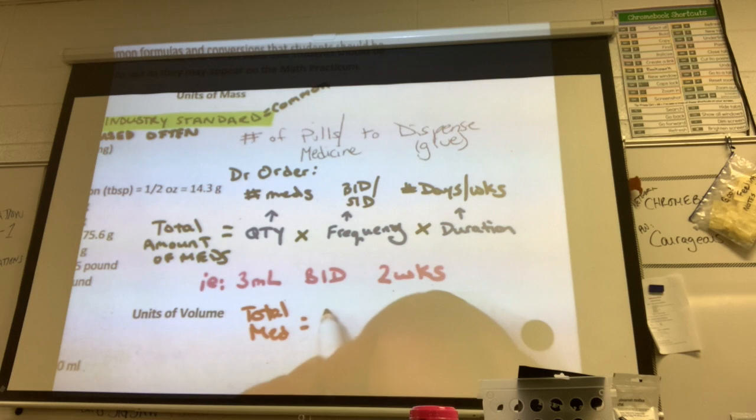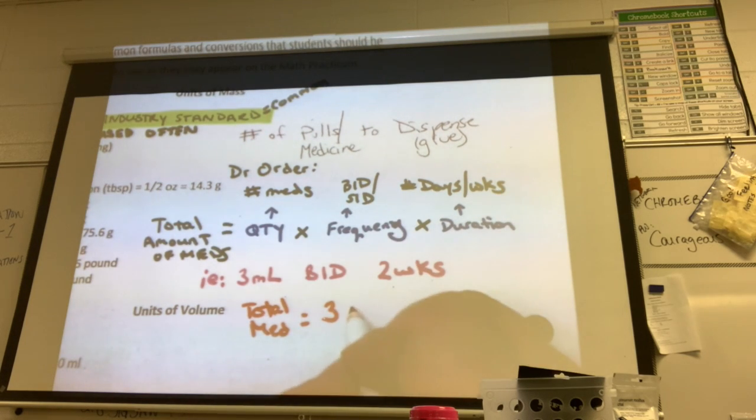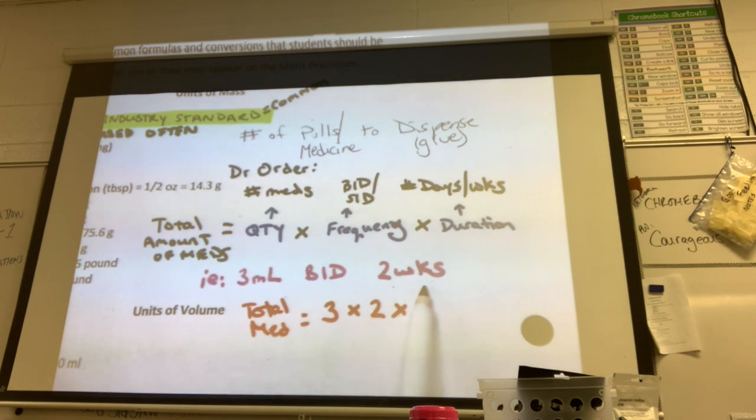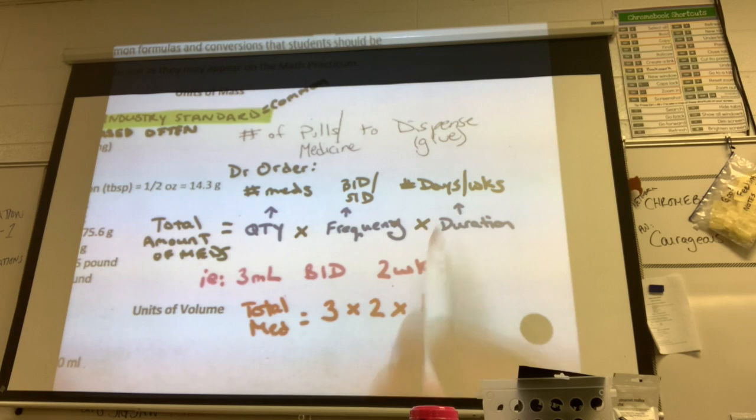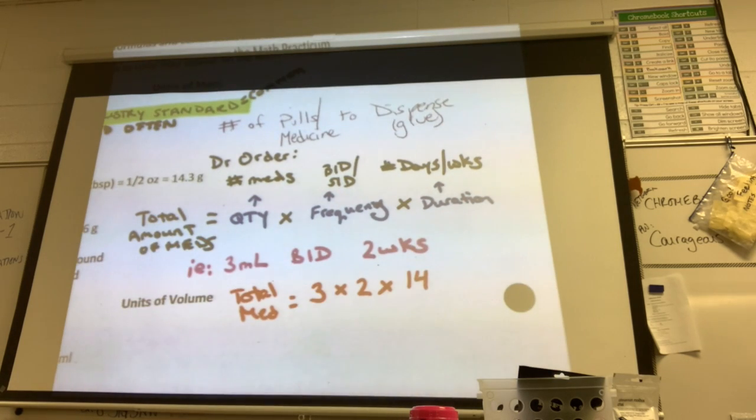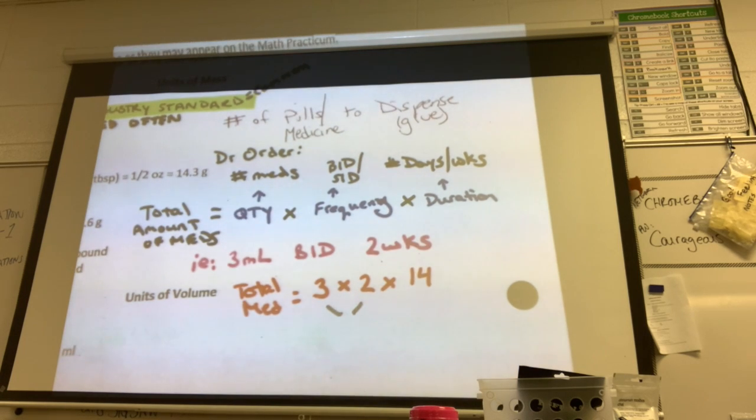Okay, so I have 3 because this is my quantity. Times, what does BID mean? 2 times how many? What's 2 weeks, really? 14 days. So I want to make sure that I then use 14 days. So then I'll do 3 times 2, which is how many? 6.